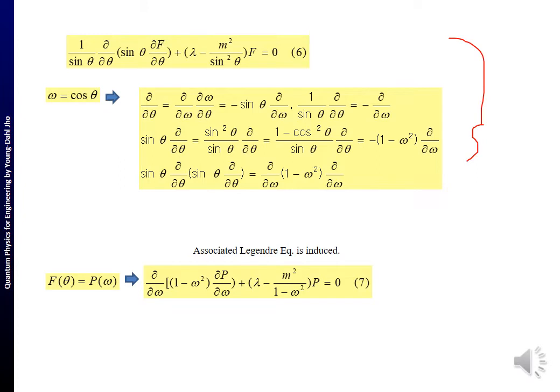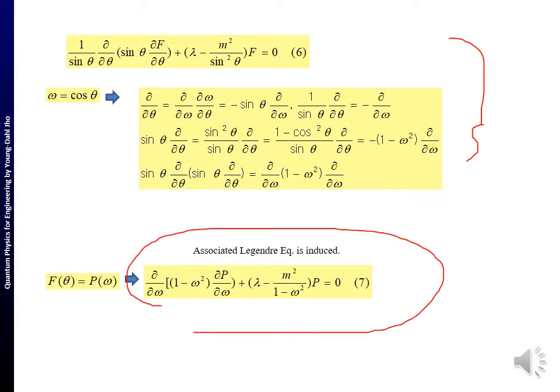So now we have this equation, so the theta equation is replaced by this one. It is called the associated Legendre equation, and we don't need to calculate it ourselves, but we just know the meaning, okay.